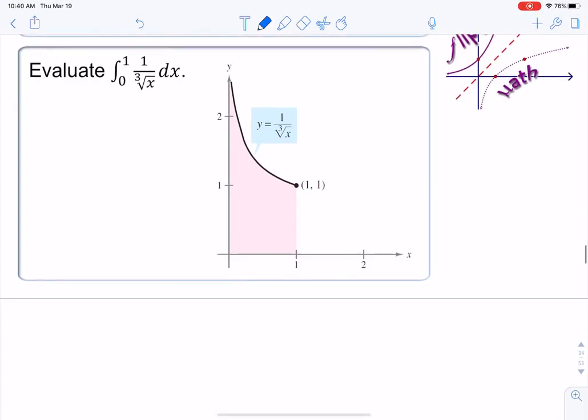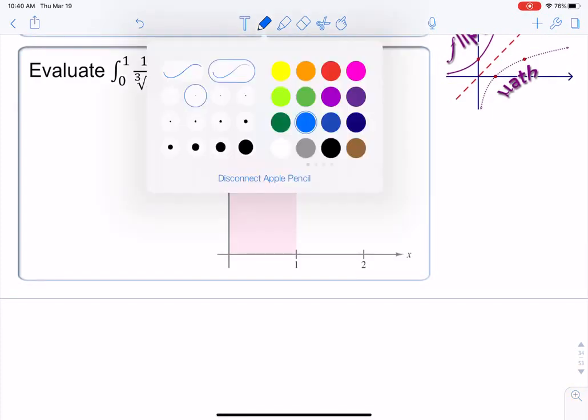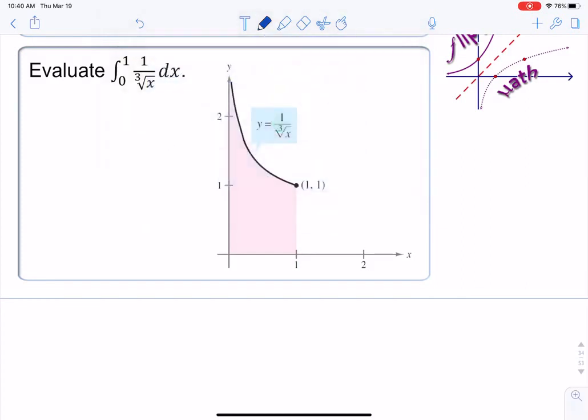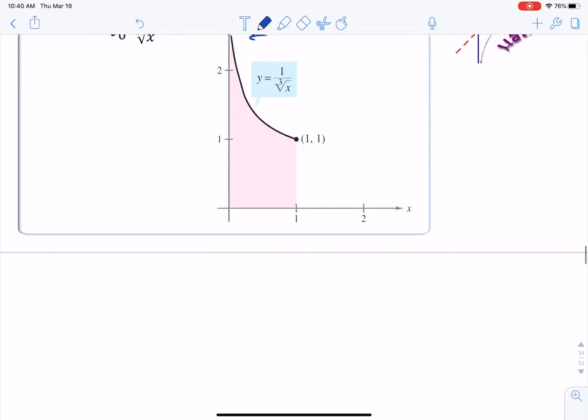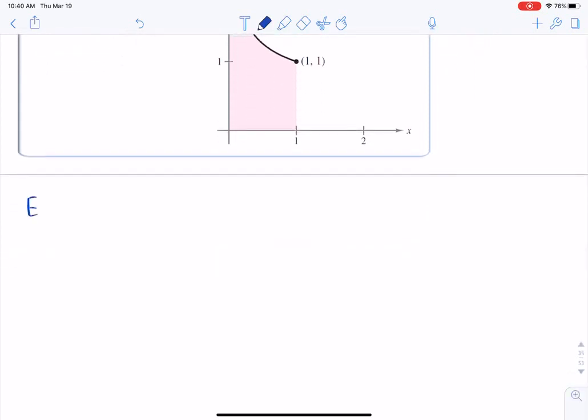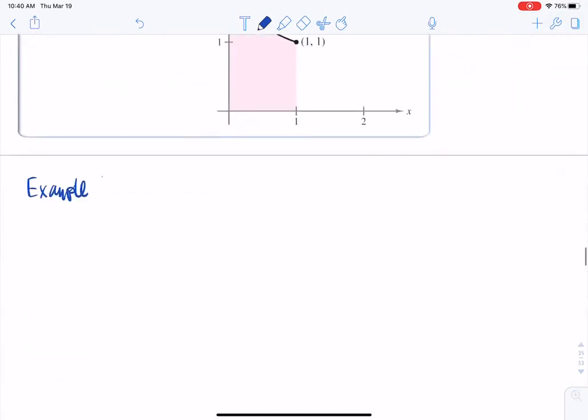So again, I'm going to turn this thing into a limit, specifically a one-sided limit. And we need to approach that 0 from the right-hand side, so from the positive side. So this is example 6. And we're trying to evaluate the definite integral from 0 to 1 of 1 over the cube root of x dx.